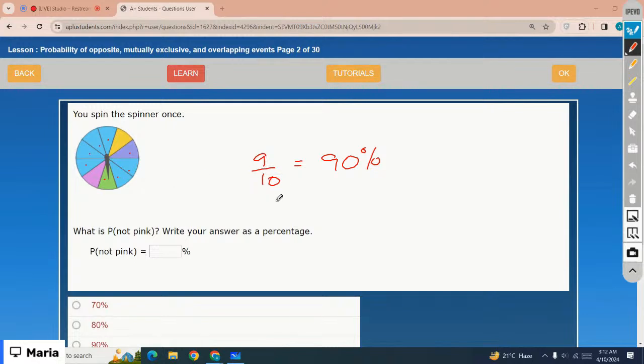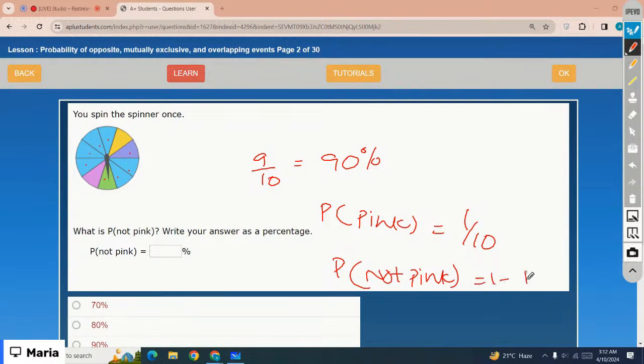The other way you can do is calculate the probability of pink. That is 1 out of 10. The probability of not pink is then 1 minus the probability of pink, right? And 1 minus 1 over 10 is 9 over 10. So that's just your understanding.